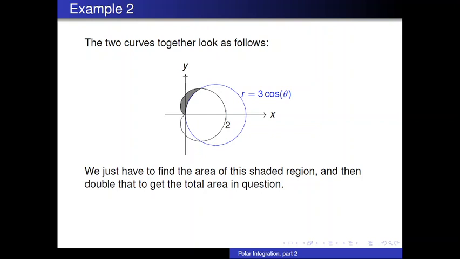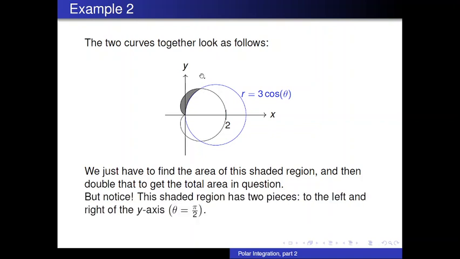So we just have to find this. But there's something very strange going on with this one. When we go to find our r bounds, we might have to break this integral into two pieces. And so notice, this is the big warning here. This shaded region has two pieces: one that's on the right side of the y-axis, and the other that's on the left side of the y-axis.